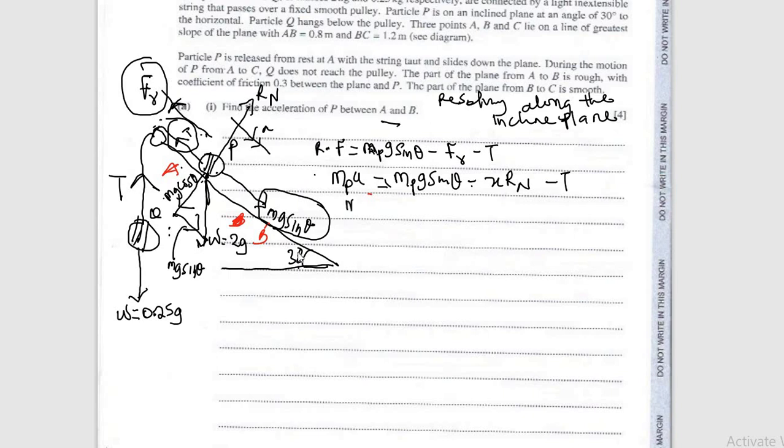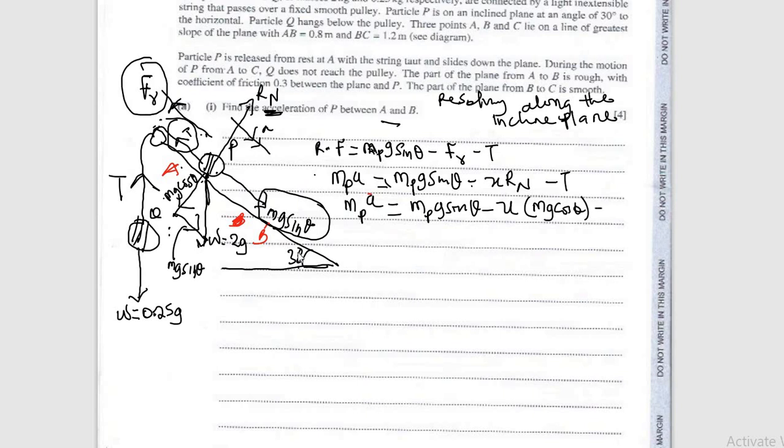The normal reaction in this situation is equal to mg cos theta: after resolving, the normal reaction is upward and the other is downward, so the upward force equals the downward force, mg cos theta.